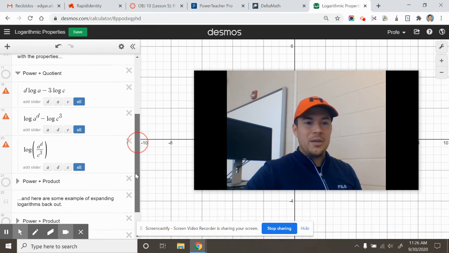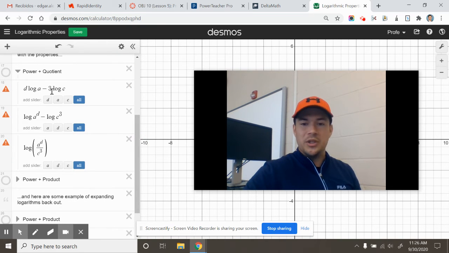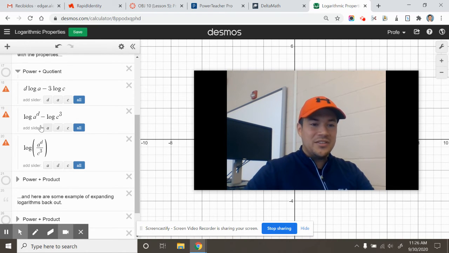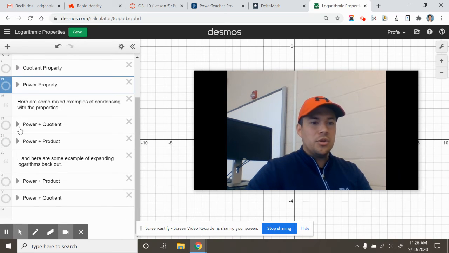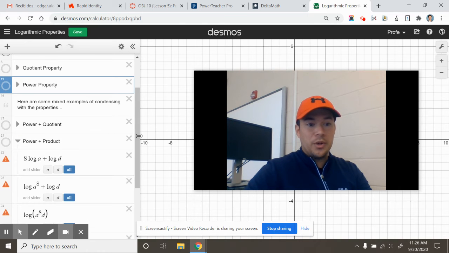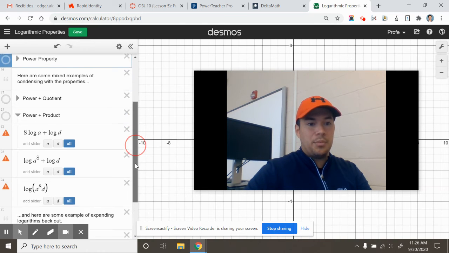Here's some combined practice. So if I have d log of a minus 3 log of c, I can use the power property first on both of these terms, and I can say log of a to the d minus log of c cubed. And then I can condense that with the quotient property and say log of a to the d over c cubed. All right. I can also condense with the power property and the product property.